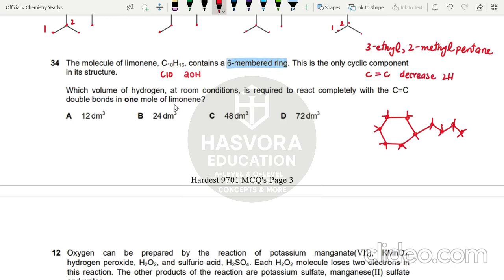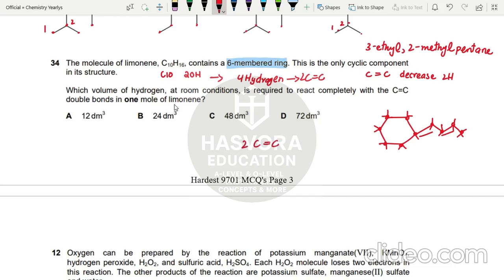So if we have to make this C10H16, we have to reduce 4 hydrogens, and we have to essentially make 2 carbon double bonds. So for example, if we make one here and one here, or you can also make it inside the ring structure, okay, so then it will become C10H16. So this contains 2 carbon double bonds.